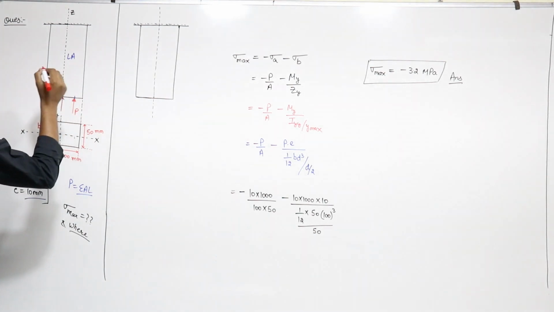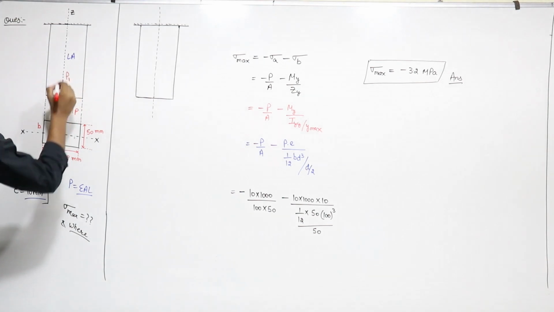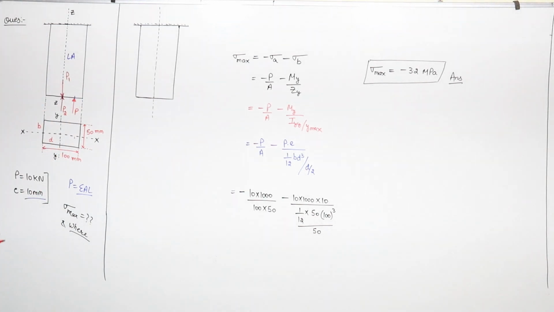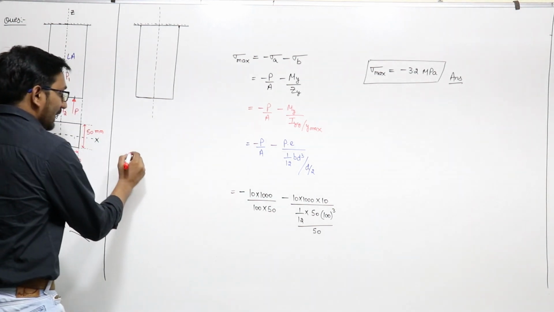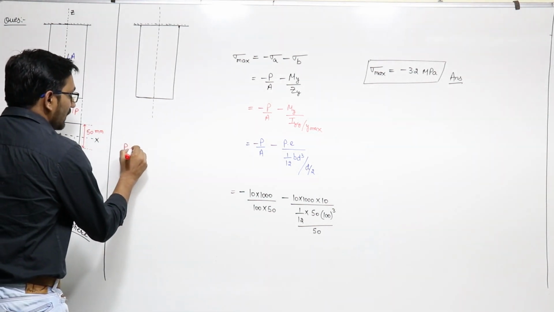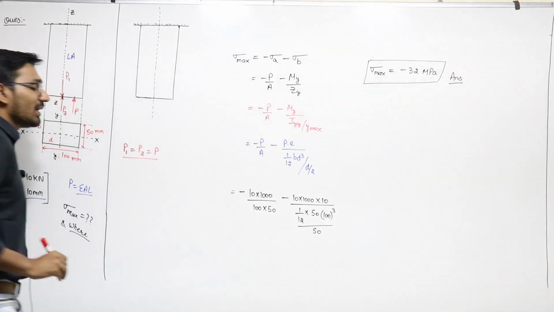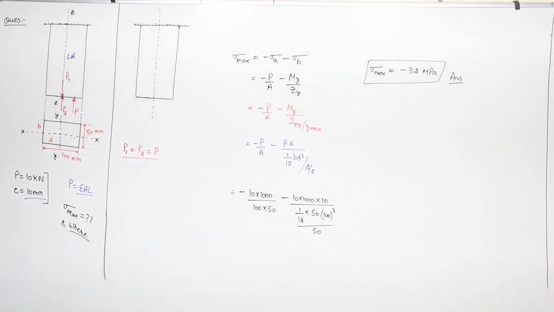I am applying two loads, P1 and P2, on this axis, such that P1 will be equal to P2 and equal to P, that is 10 kilonewton. P1 and P2 are equal and opposite, so the net effect of P1 and P2 is 0, hence the bar is still under the load P.